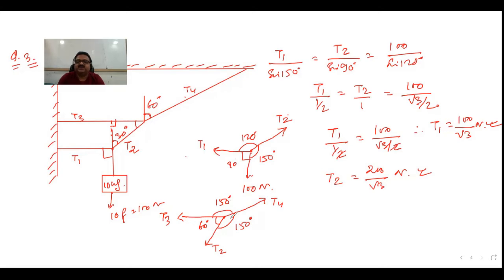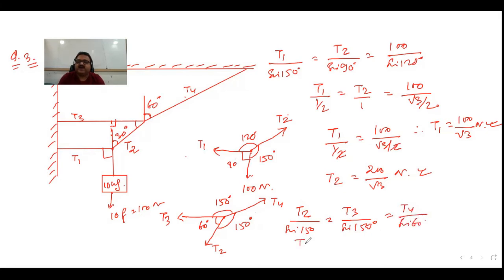Now you can solve it in this way. Again applying Lami's theorem, T2 by sine of the opposite angle, that is 150, T3 by sine of the opposite angle, that is sine 150, and T4 by sine 60.